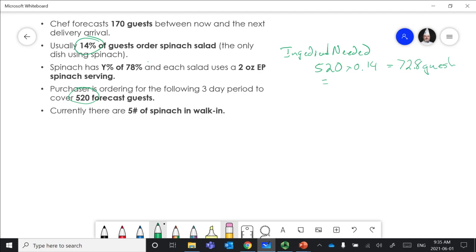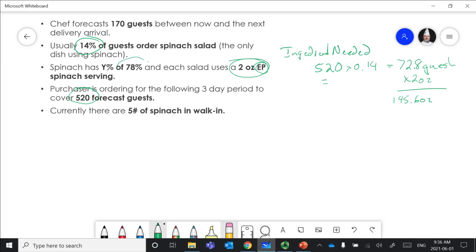And each one we need 2 ounces of salad for, right? So we're going to multiply that times our 2 ounces to give us a total requirement of 145.6 ounces. Now remember, this is EP.